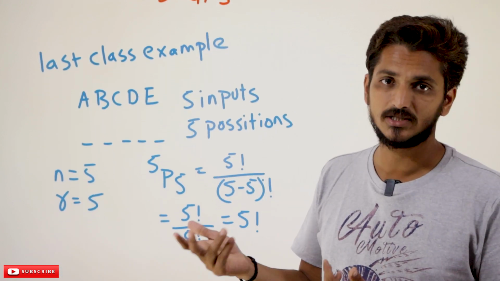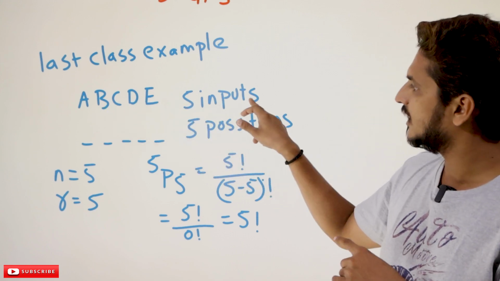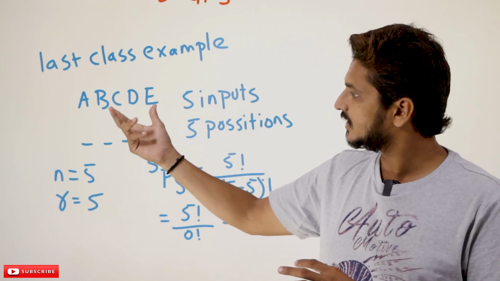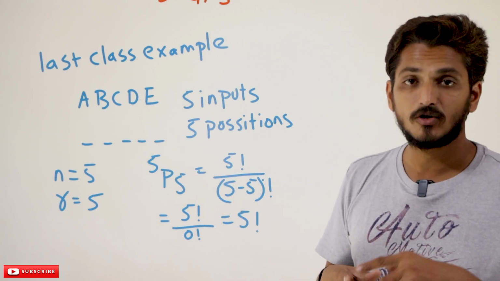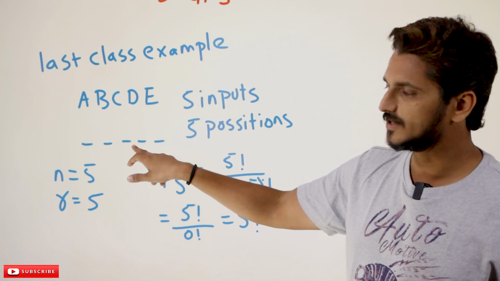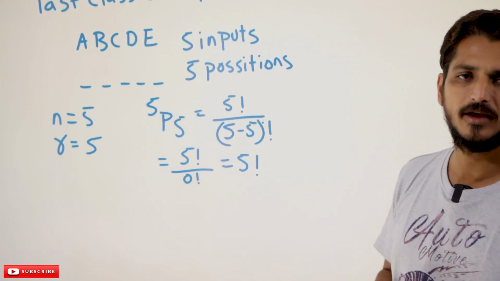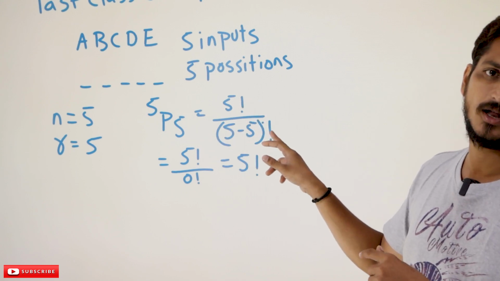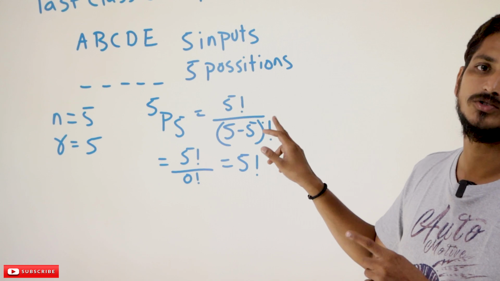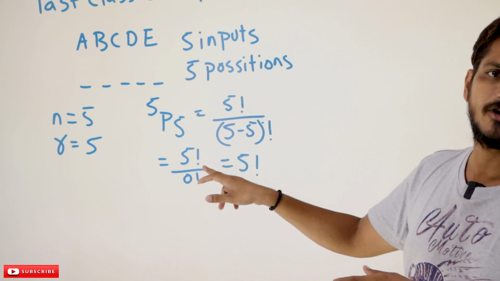Let's understand how it is applicable. Last class example, A, B, C, D, E, 5 inputs are there. You have to arrange 5 in 5 positions. So in our formula, n is 5, r is 5: 5P5. Means 5 factorial by (5 minus 5) factorial. 5 minus 5 means 0. 0 factorial means 1. 5 factorial by 1 means 5 factorial.